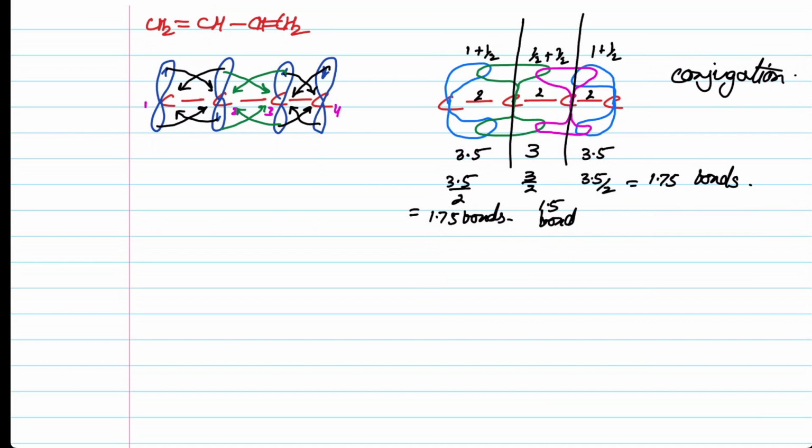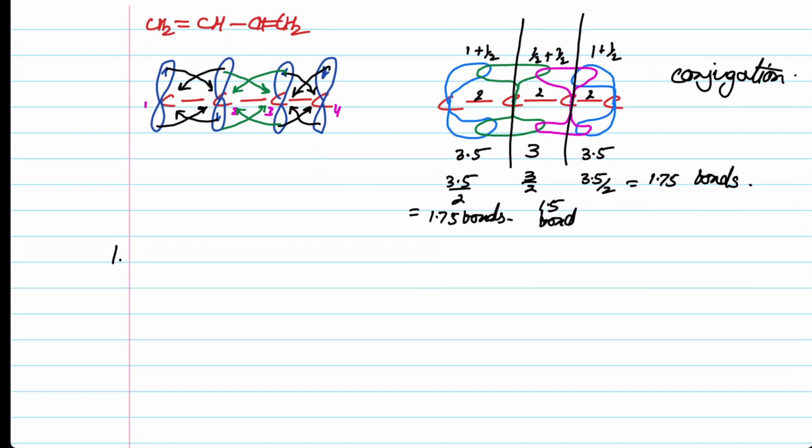Now, when we talk about conjugation, there are certain conditions that the molecule must satisfy for conjugation to take place. The very first thing is that when we talk about conjugation, the orbitals have to be parallel to allow them to take part in conjugation. So we can say only parallel orbitals can conjugate with each other.